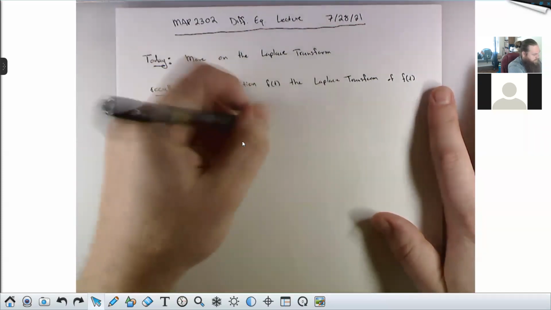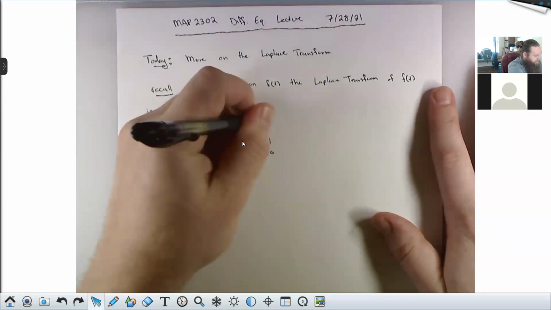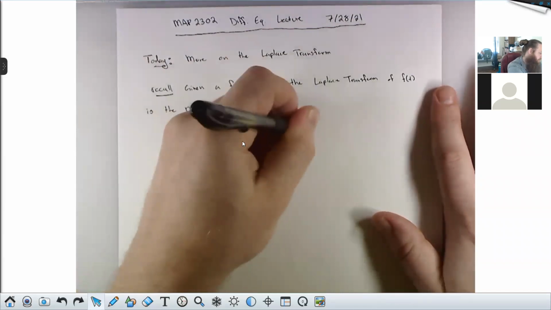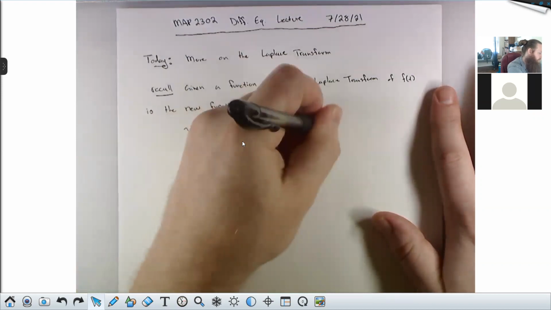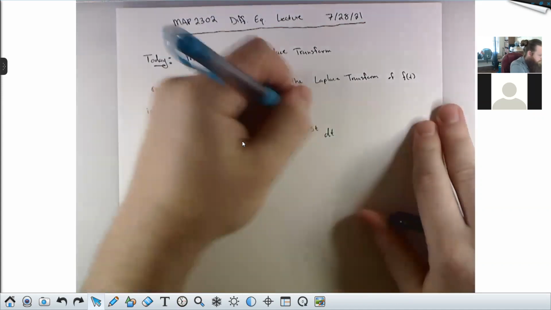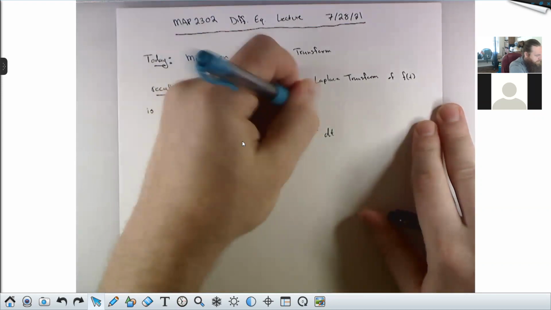This is defined in terms of the improper integral, the integral from 0 to infinity of f of t e to the negative st dt. And fun vocab: the e to the negative st part here is called the kernel.